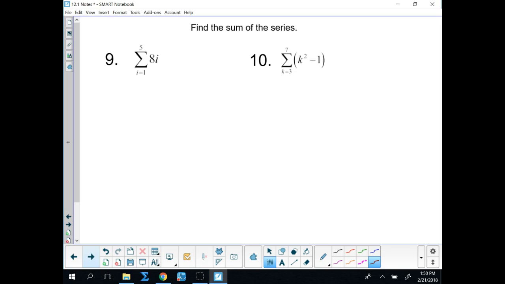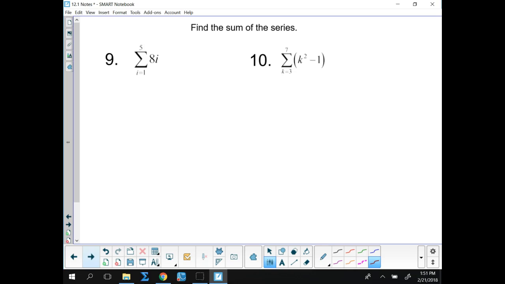Now, the last kind of problem is where you actually have to find the sum of the series. So if you're going to have to find the sum of the series, what are you going to have to know? You've got to know the parts of the series, which are the terms of the sequence, right?